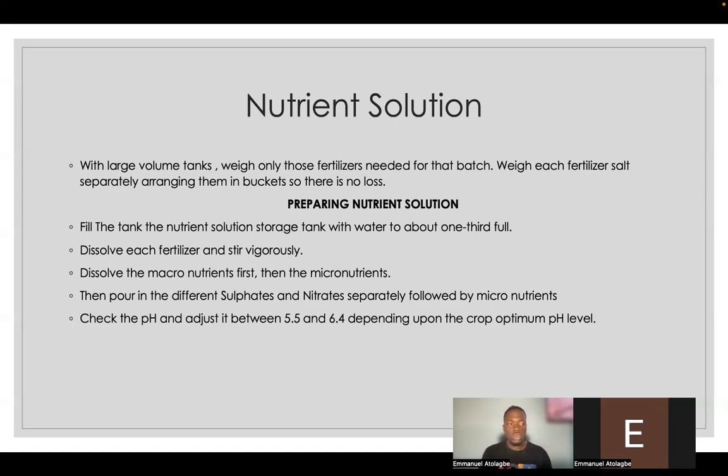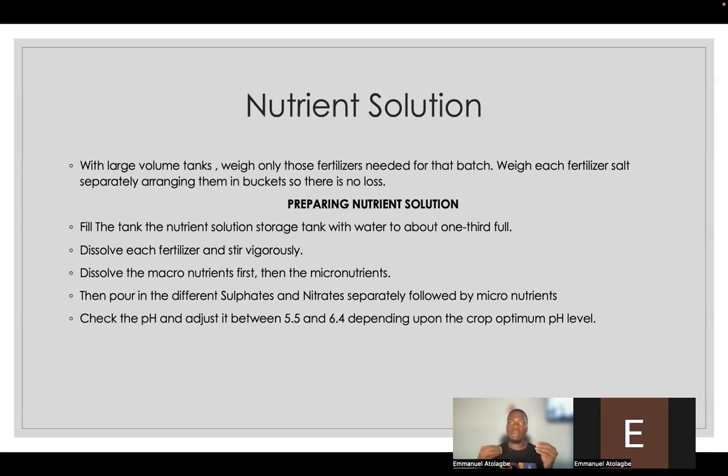To simplify, nutrient solution just means there is no dilution factor. You just have your overhead tank, you mix your nutrients, you pour it in your Storex, your GP, or any brand as the case may be, then you give it to your plants. So with large volume tanks, we mix only the fertilizers needed per batch.